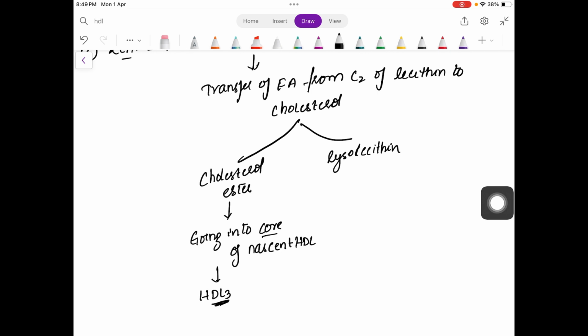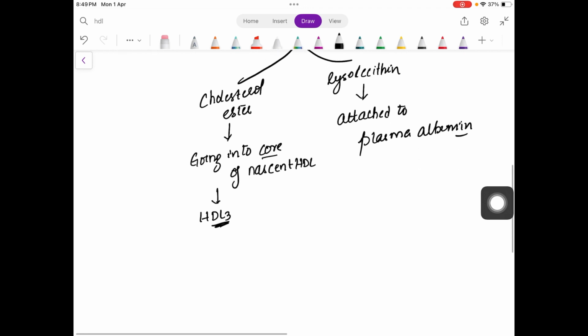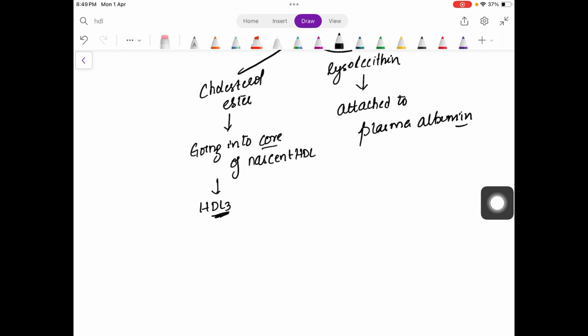Nascent HDL is converted into HDL3. What happens to this lysolecithin? This will be attached to plasma albumin, and it will enter into the circulation. Lysolecithin will be entering into the circulation.